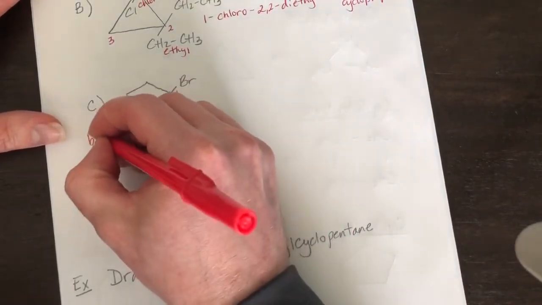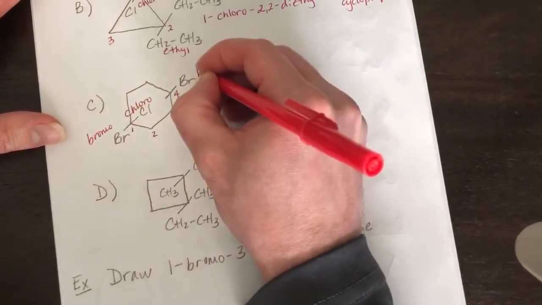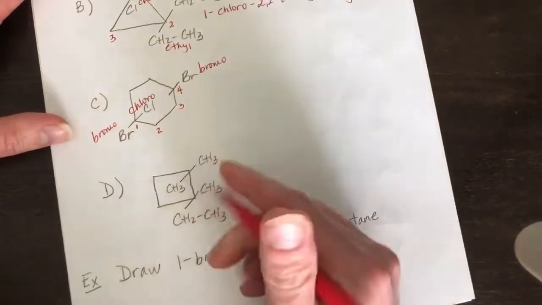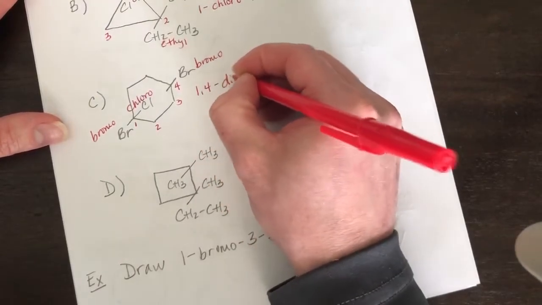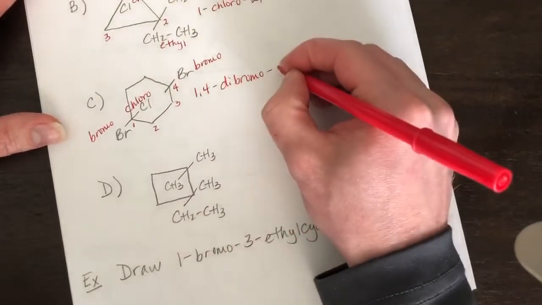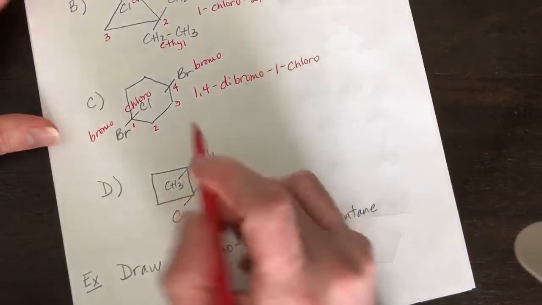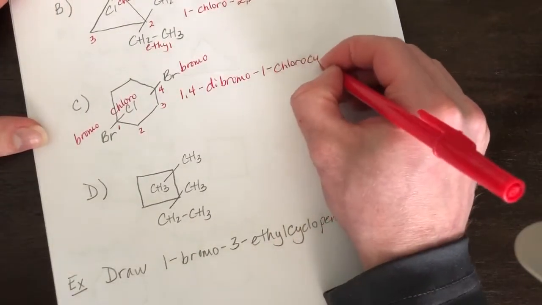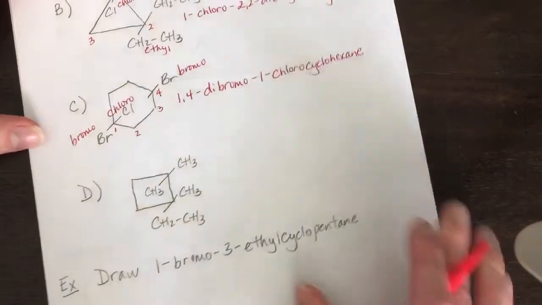So we got a bromo, a chloro, another bromo. So this is going to be 1, 4 dibromo, 1 chloro, and this is a cyclohexane. It's a hexagon.